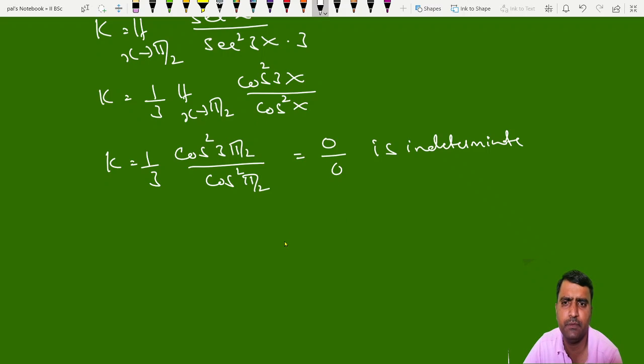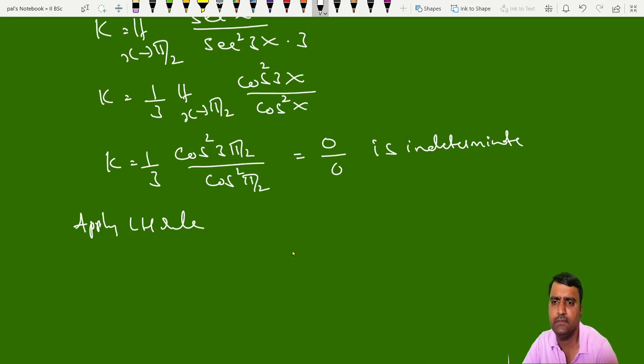So to this one you apply the L'Hospital rule. Then k is equal to 1/3 into limit x tends to pi by 2 of differentiation of cos square 3x.